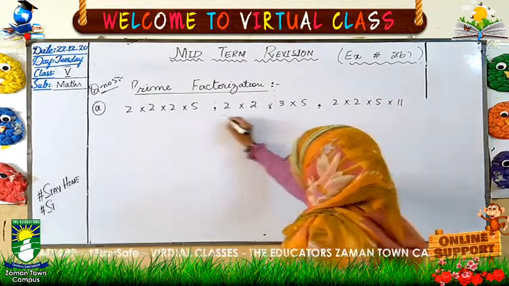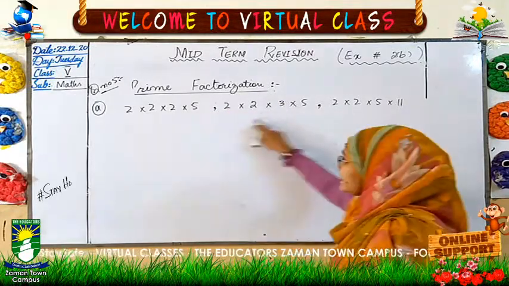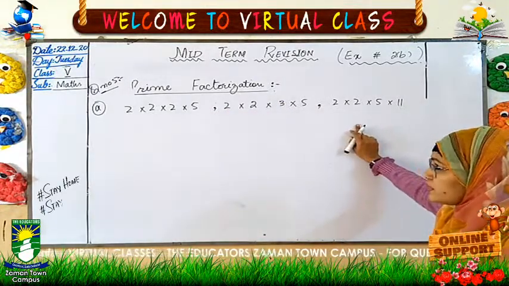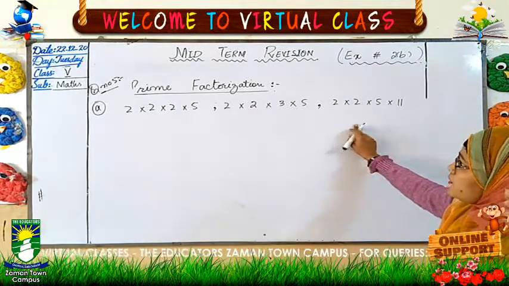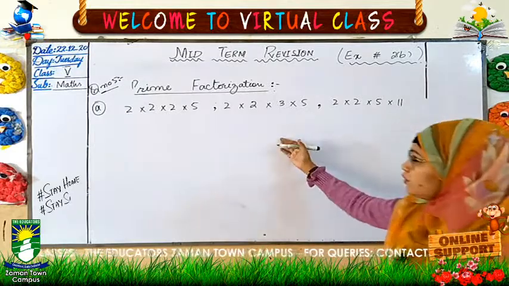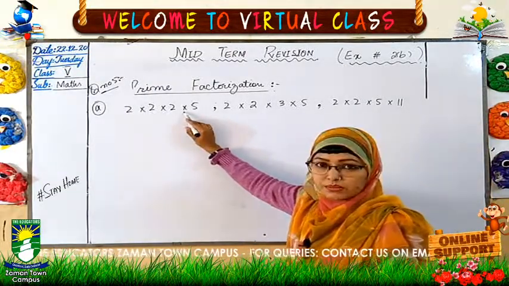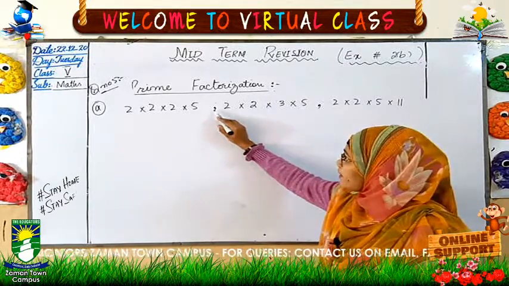We have this question in the form of an expression. How do we differentiate which are the factors of the first number, the second number or the third number? You can see we have multiplication symbols here, 3 multiplication symbols. After that we have a comma.